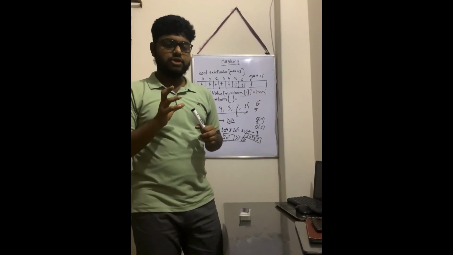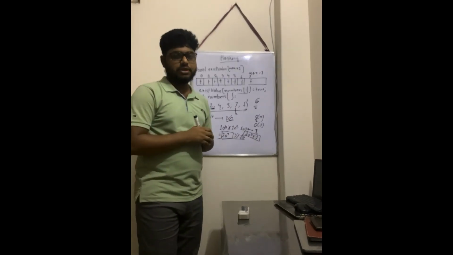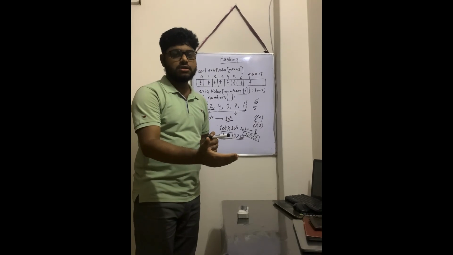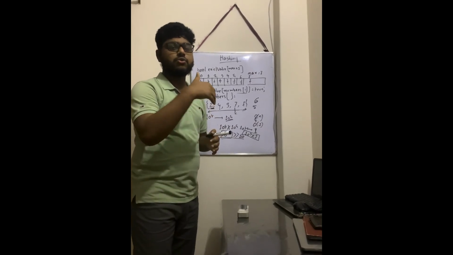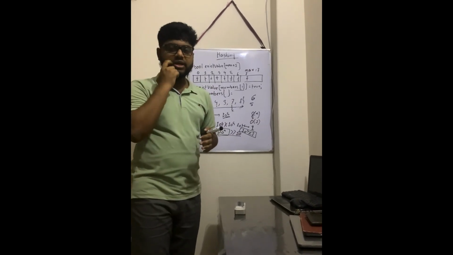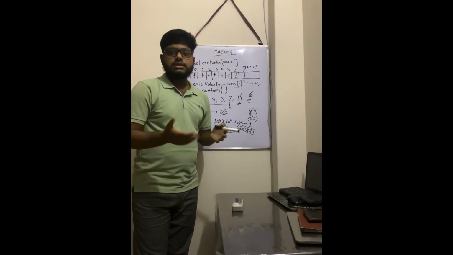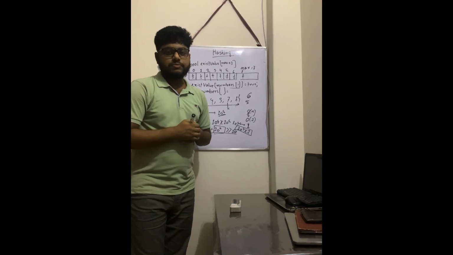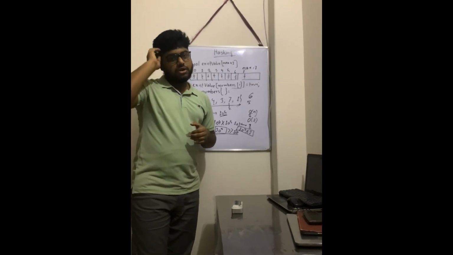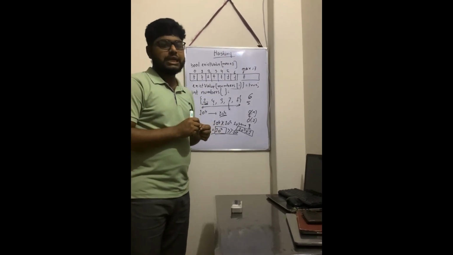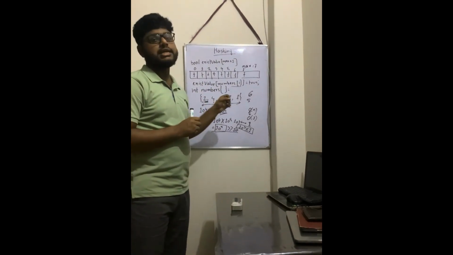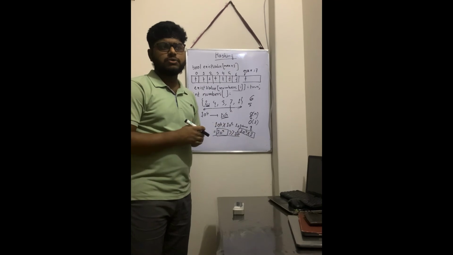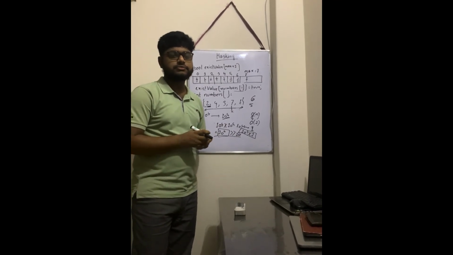But if we try to initialize more than that, like 2 into 10 to the power 6 or more, like 10 to the power 7, then we cannot, because of the memory limitation. So we can use hashing if the values are less than 10 to the power 6 or something near to 10 to the power 6, and that's it.